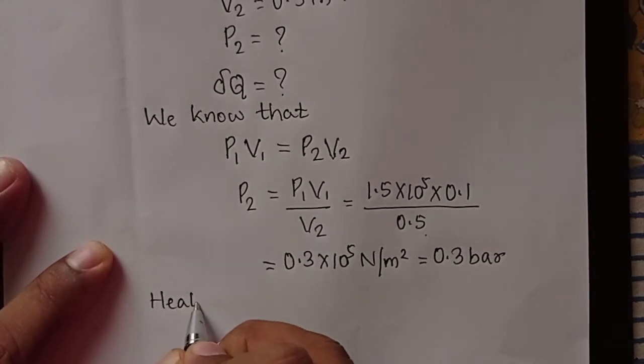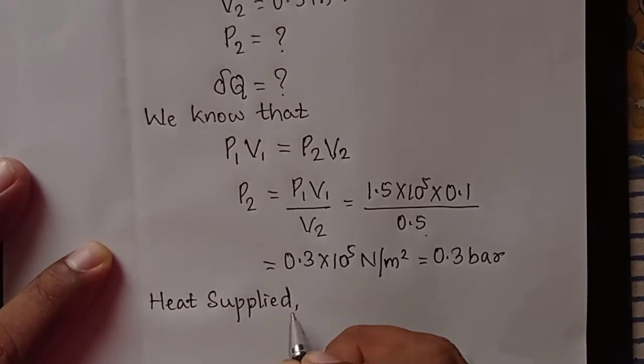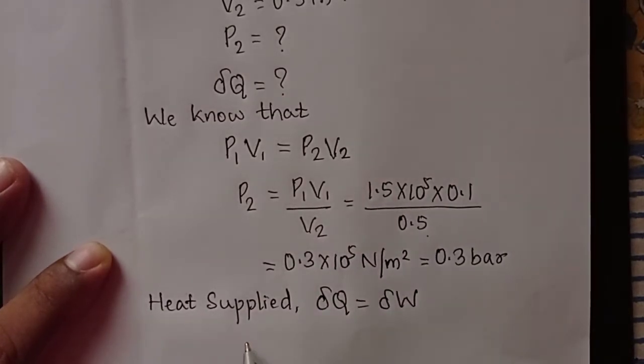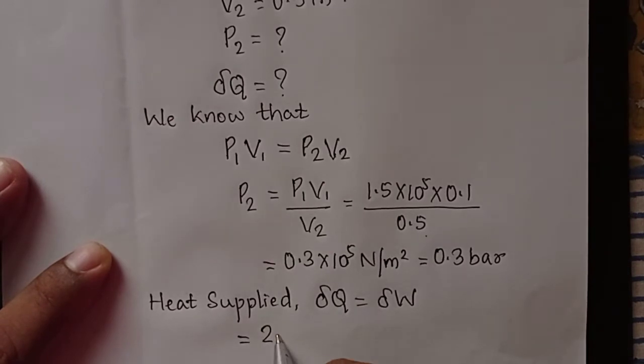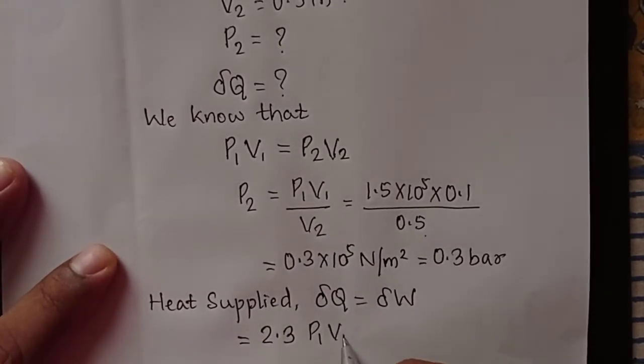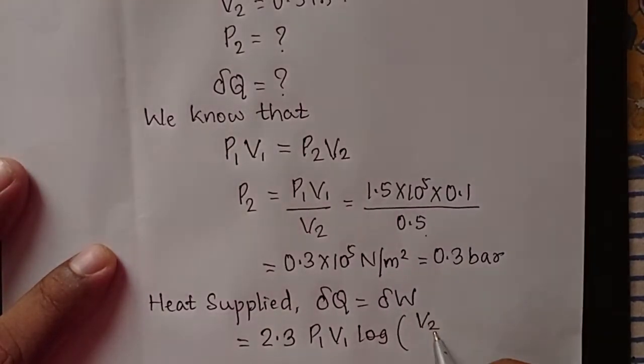Heat supplied, dou Q is same as dou W. What is the equation of work done? It is 2.3 P1 V1 log of V2 by V1.